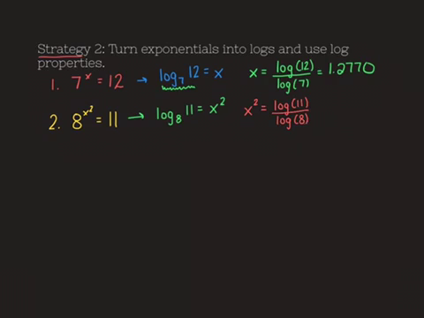And then the only difference between this one and the last one is we have an x squared, so we know that we need to take the square root of this answer when we get it. So remember, quadratics have 2 answers, plus or minus. This ends up being 1.0738.